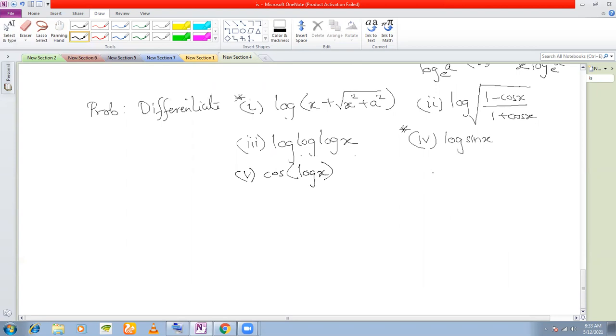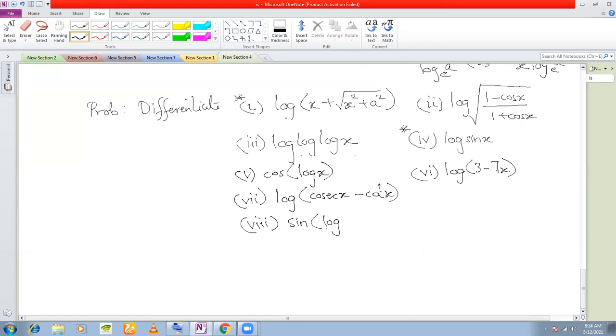Next is log of 3 minus 7x. Next is log of cosec x minus cot x. And next is sin log cos x.